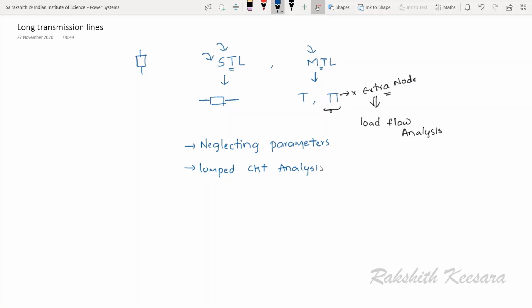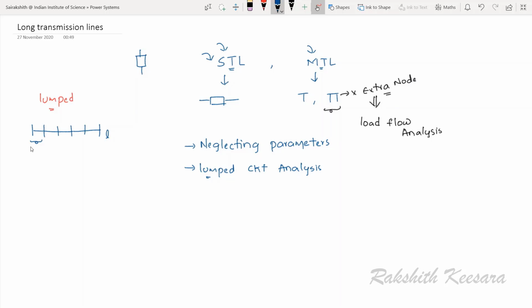So you may ask, what is the lumped circuit analysis? Let me explain this. Let me consider a transmission line of length L. Now I am dividing this into some units.